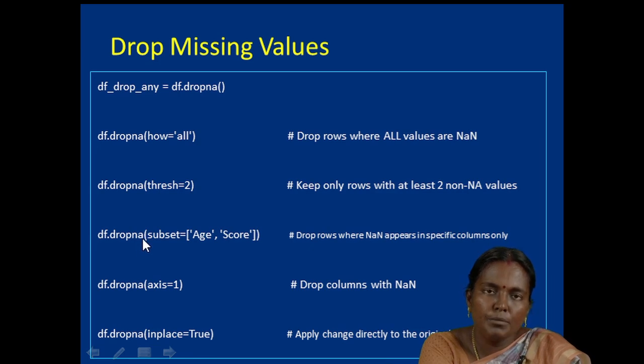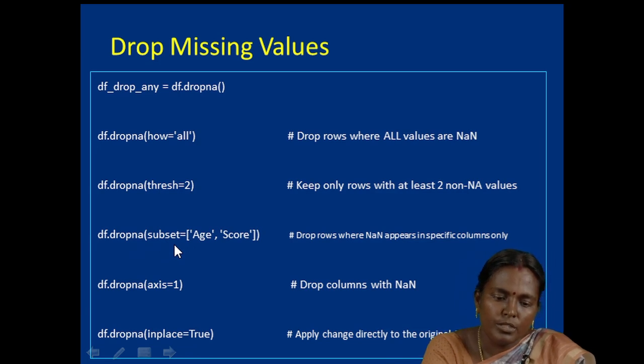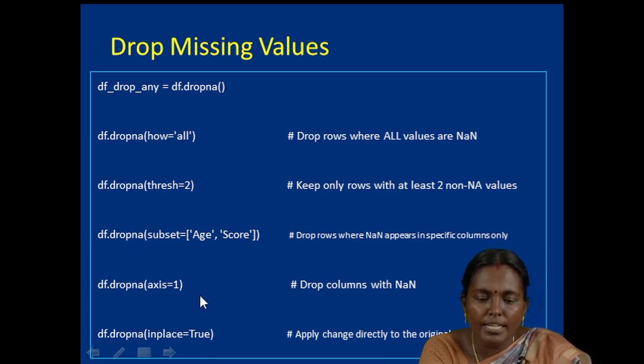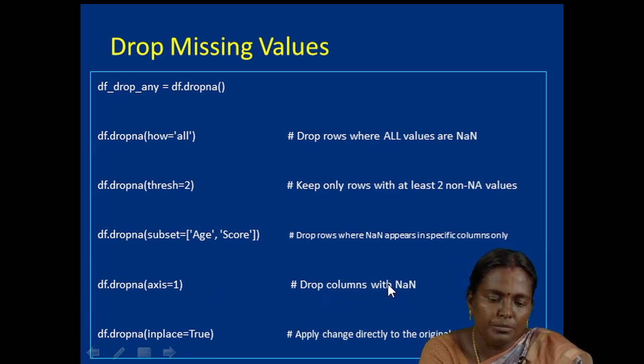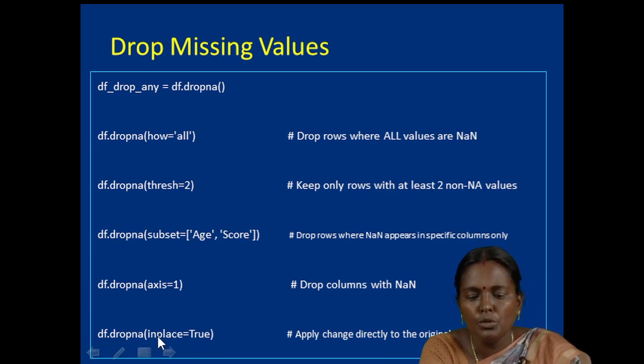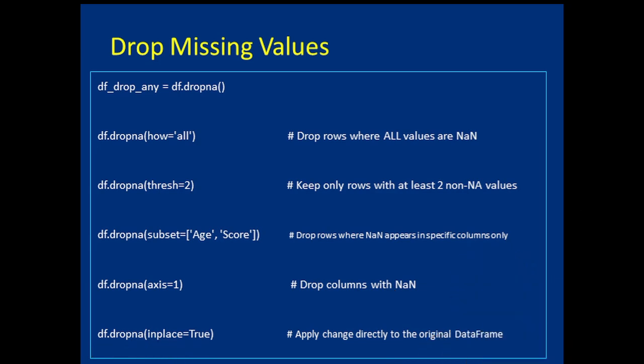If there are null values in other columns, then this drop will not work. The next one is dropna axis equal to 1. So this will work on column values which have missing values. Here again the example given is inplace is equal to true. This will apply the changes directly to the original data frame.